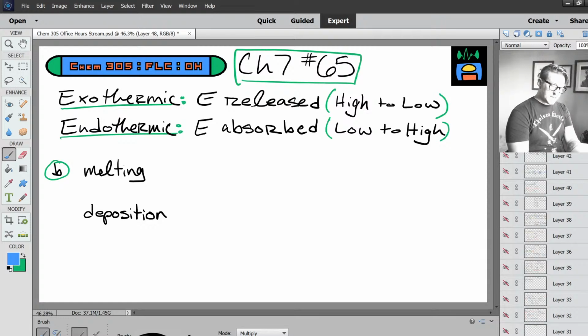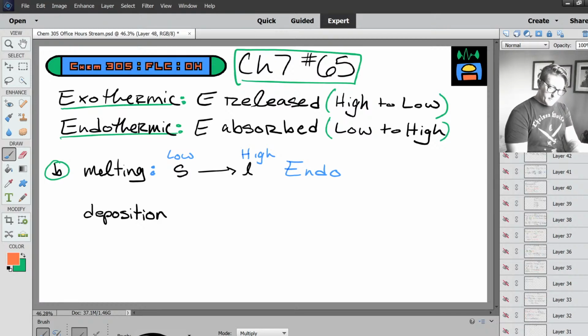So for melting, you're going from what? Melting, start as a solid, go to a liquid. All right, solid is lower energy than a liquid, so here you're moving from a low energy state to a high energy state. So if you're going from low to high, this would be an endothermic process.